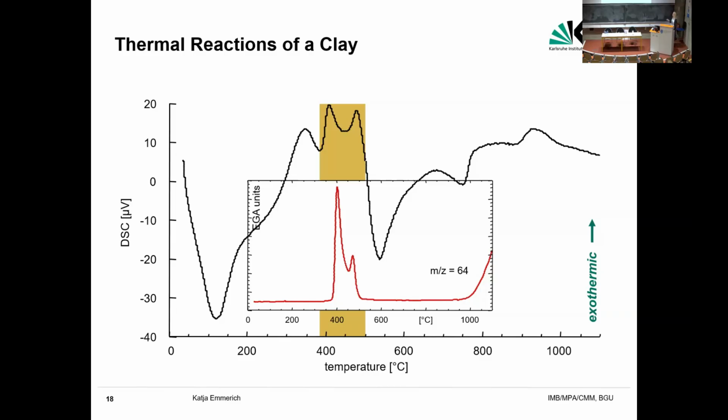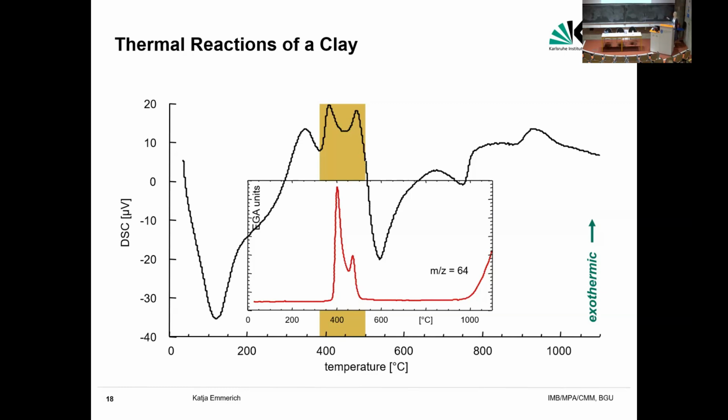And what you also can see in this curve here, at high temperatures, you see again that SO2 is evolved. And this shows you that thermal analysis, especially if linked to mass spectrometer or FTIR or whatever to analyze the evolved gases, is very sensitive to decomposition reactions during heating of your sample.